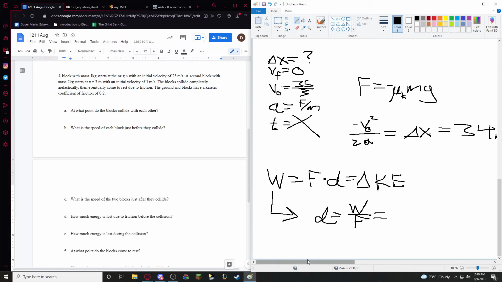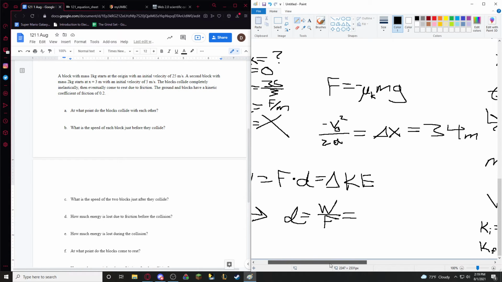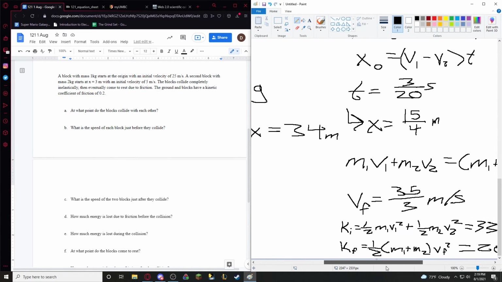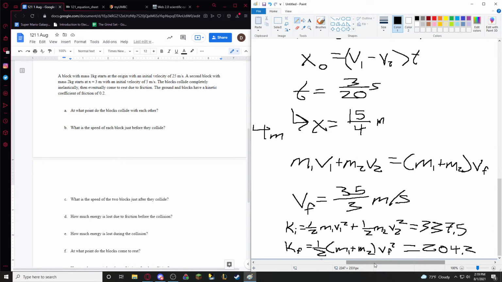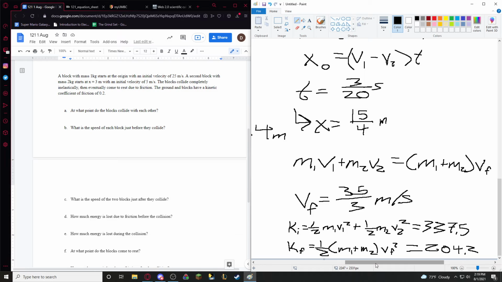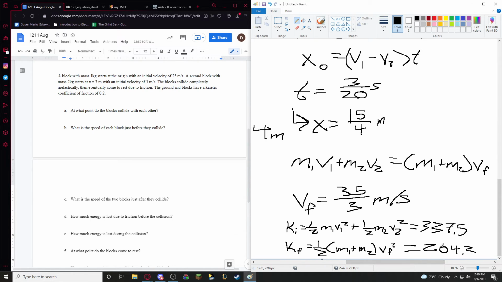What's our total work done? It's just kinetic energy, and it'd just be the initial kinetic energy because the final kinetic energy would be zero. Exactly. And what's our initial kinetic energy? Well, wouldn't it be 337.5 minus 204.2, because kinetic energy final is right after it would be 204.2, correct?